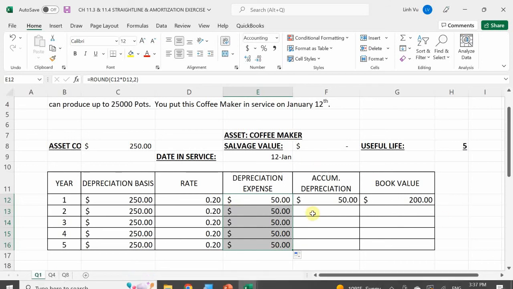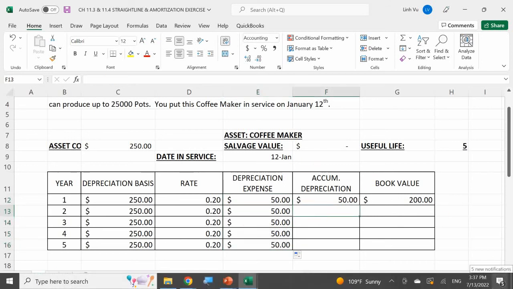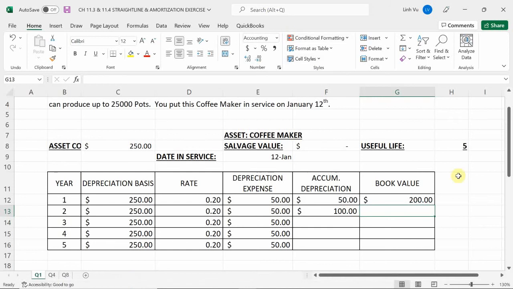So in this case, what's my accumulated depreciation for year 2? 100, right? 50 is the previous year plus 50 of the current is going to give you 100. So what's my book value going to be for my coffee maker at the end of year 2? 150, right? 250 minus 100 gives you 150.